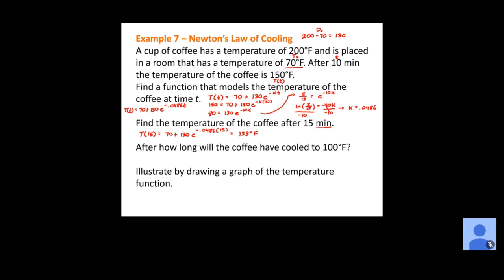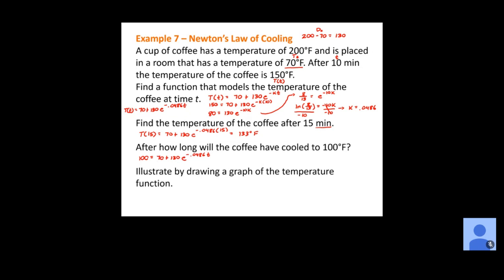Now we want to know, after how long will it have cooled to 100 degrees Fahrenheit? So that's our new temperature now. We're going to have 100 equals 70 plus 130 e to the negative 0.0486 times t. So we're looking for our t value this time.